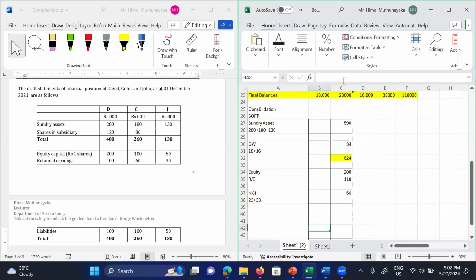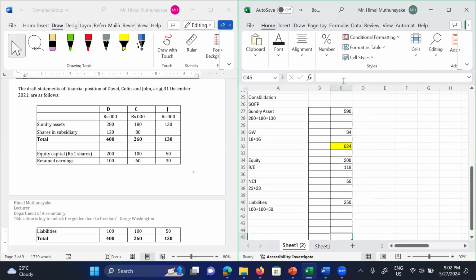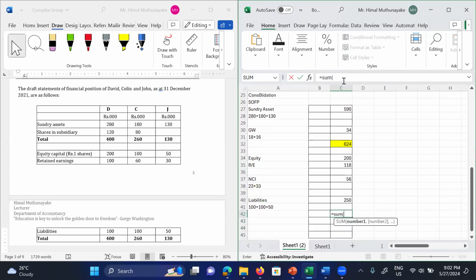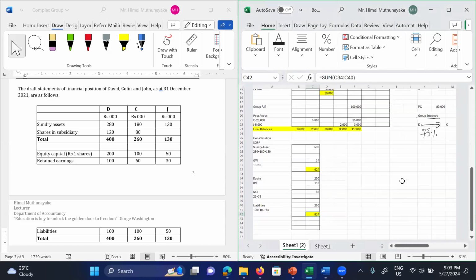And the liabilities, adding line by line, 100 plus 100 plus 50, that is 250. So if you get the total, this is my consolidated statement of financial position.